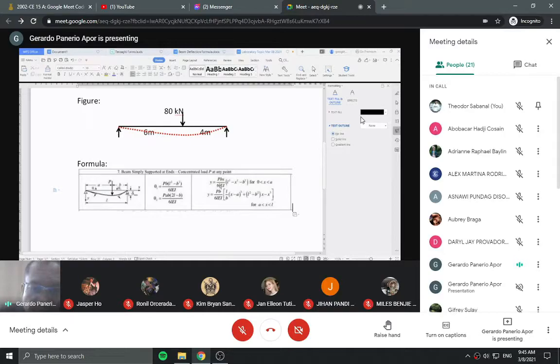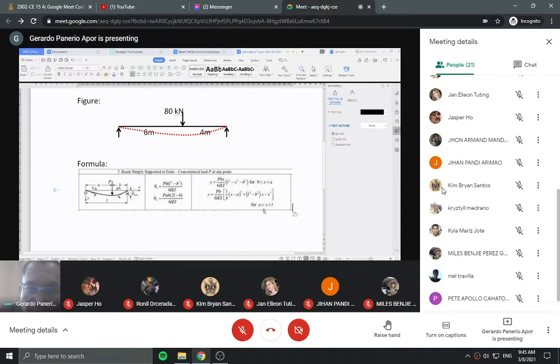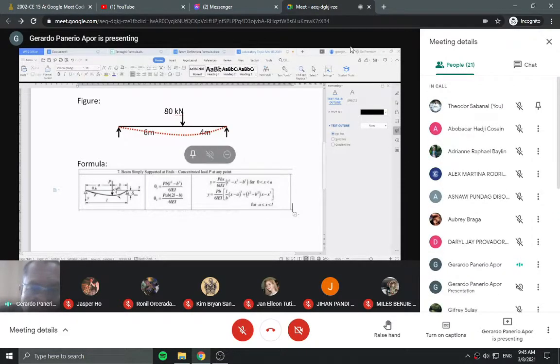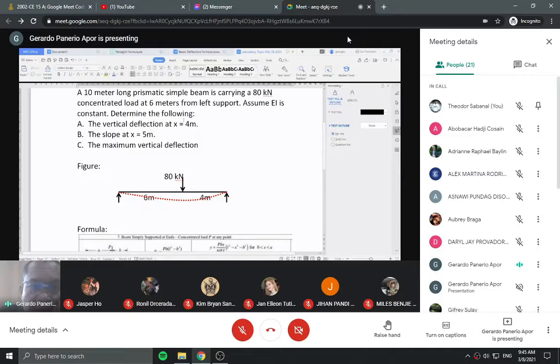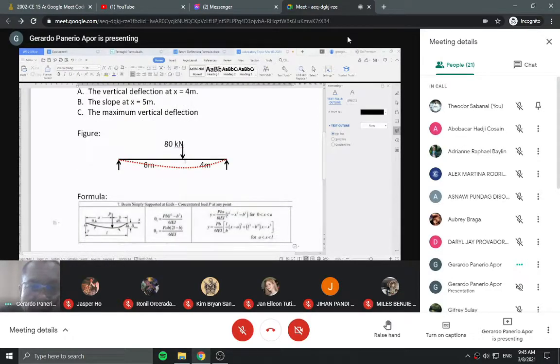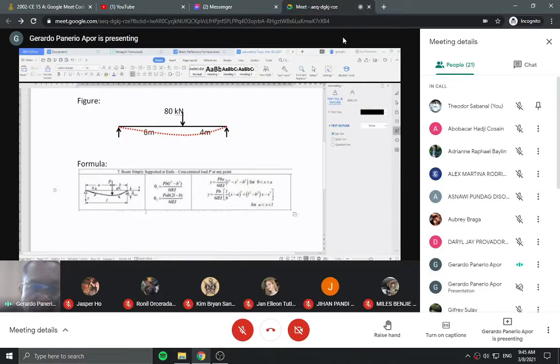So, I can use, if A is lesser than X equals to L, actually, the X that we are using is at X equals to 4 meters. Now, the A here is the distance from the left support to, I will just refer to this figure, no? This one.